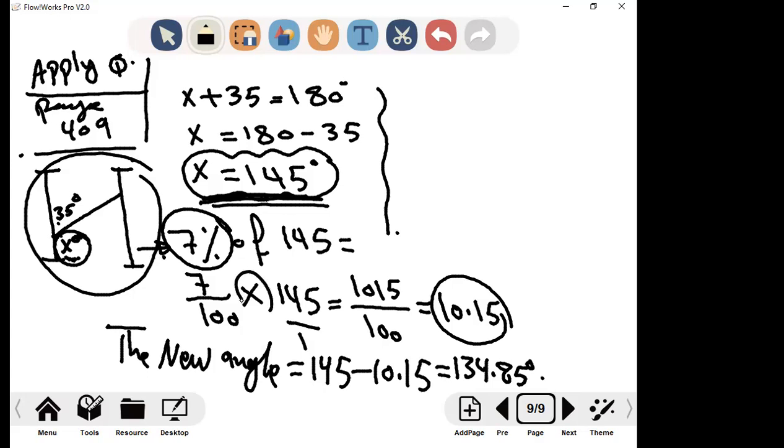How? We multiply the percent by the number and simplify, and we have this answer. Now I need to subtract because they make it less. If they wanted to make it more, in place of subtracting, I would add, right? This is the apply question. Do you understand it? Good.